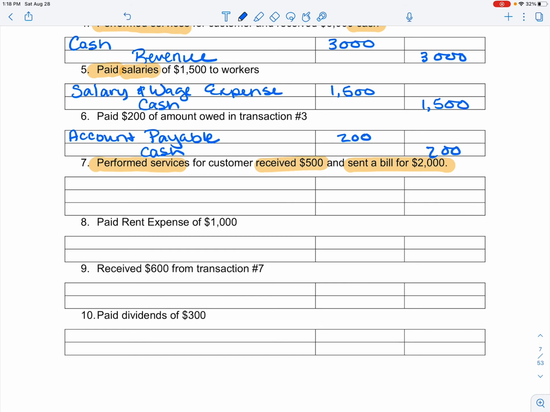So here we received cash. We'll increase that amount. They still owe us $2,000. They're going to pay us later. So I will increase my accounts receivable. And this is all revenue.